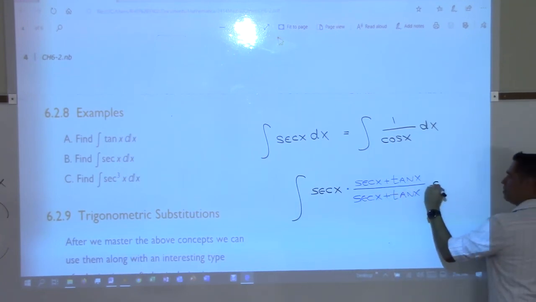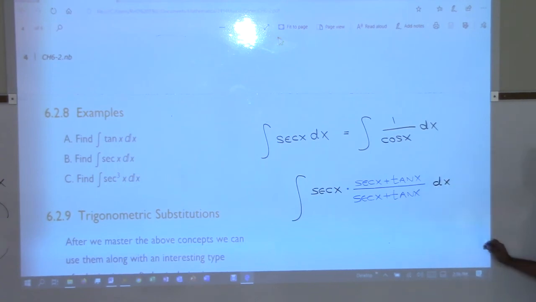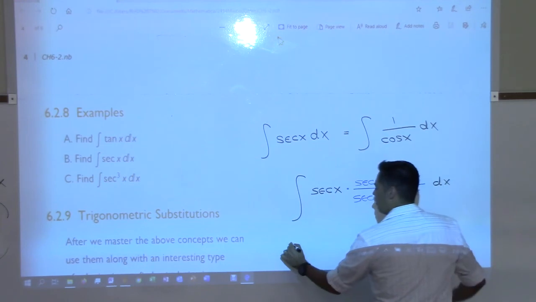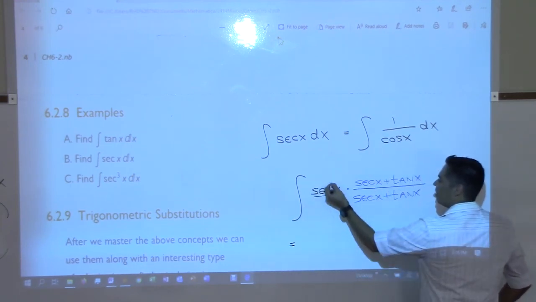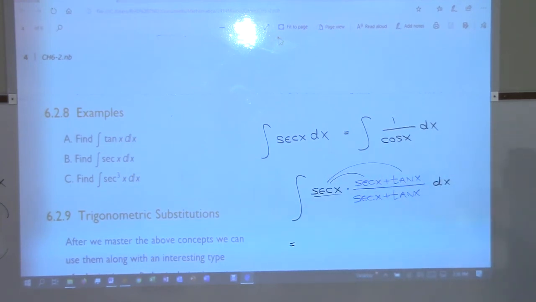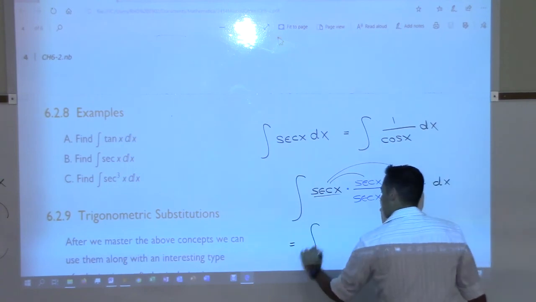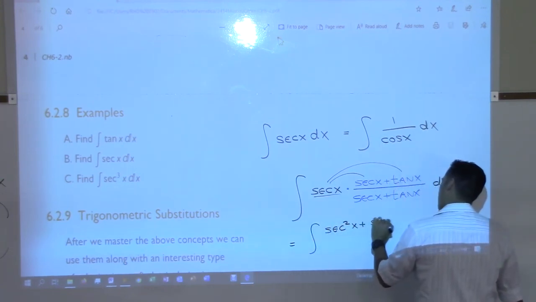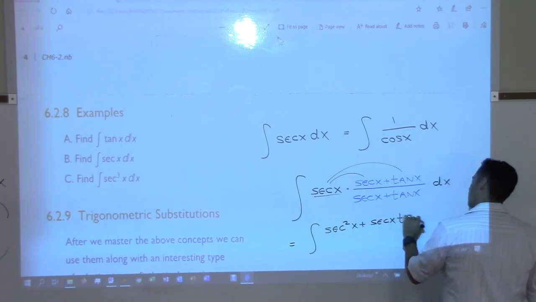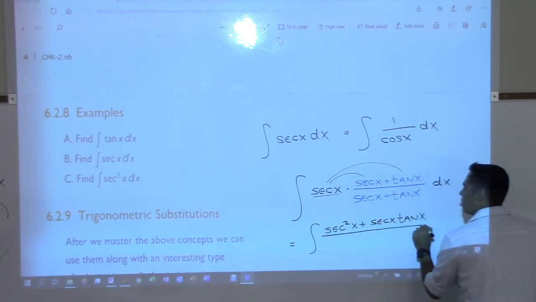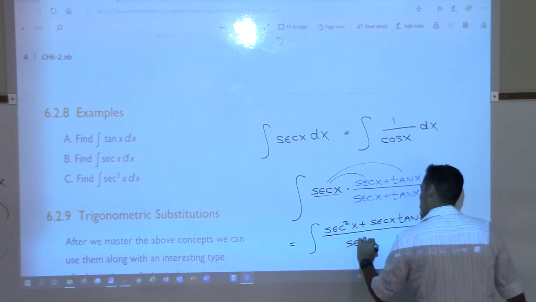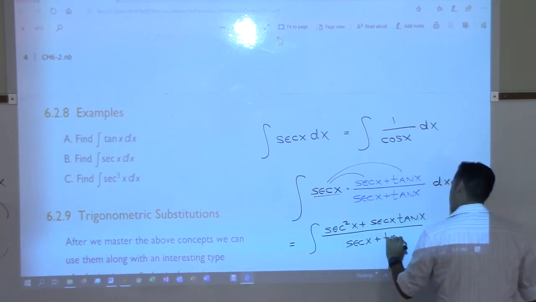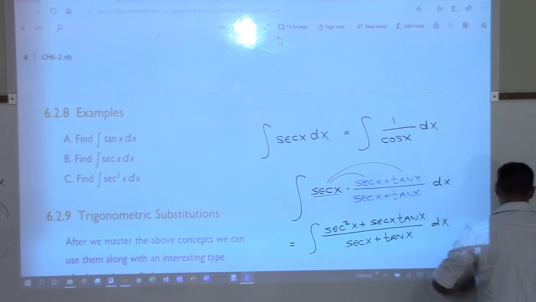That this would do anything for us. But let's just see what happens. So the secant here can get distributed, can it? Yes. So that can become secant squared x plus secant x tangent x over secant x plus tangent x dx.